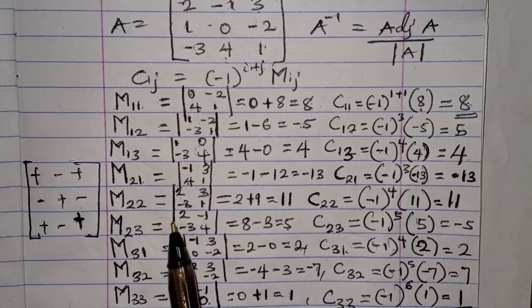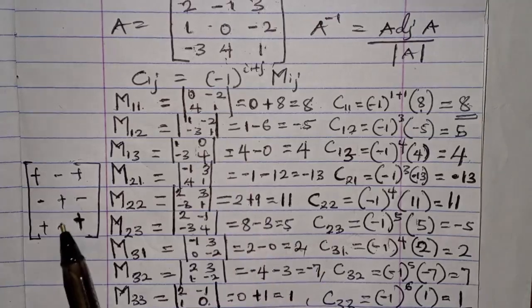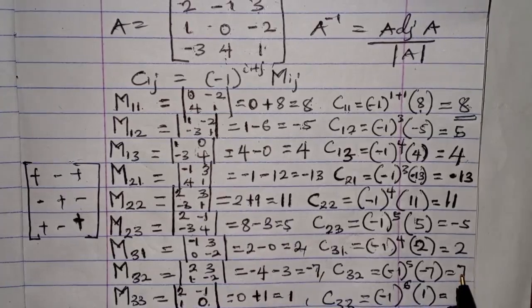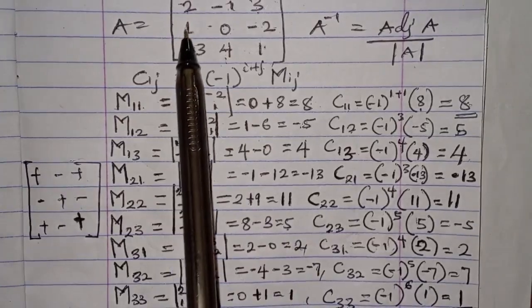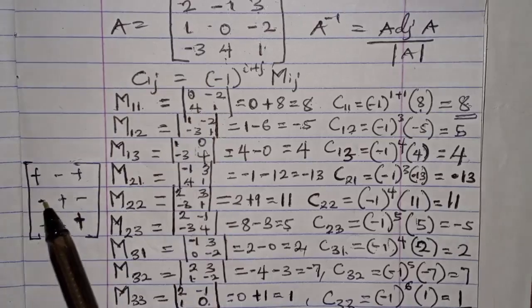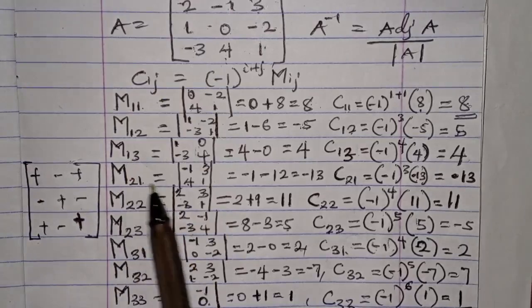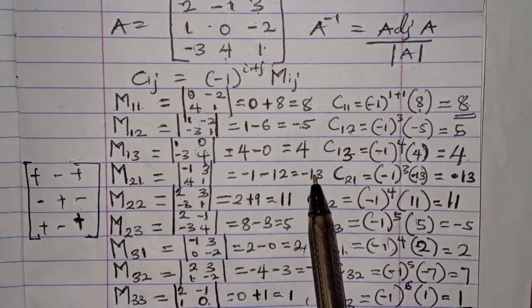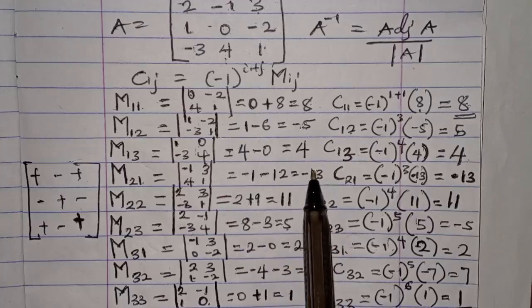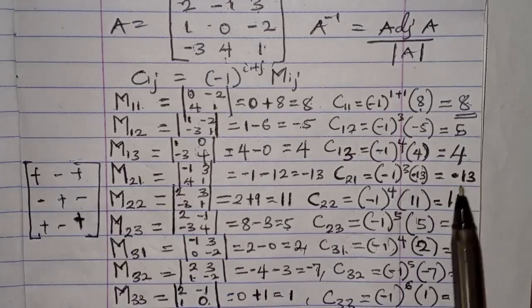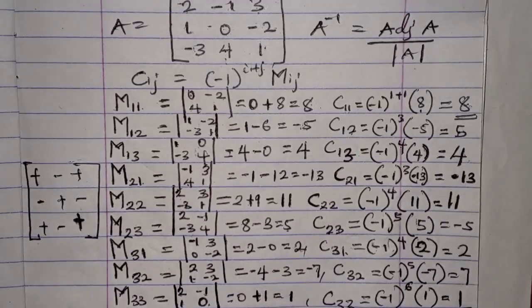If I multiply the place sign of 4, which is minus, by minus 7, I will get a positive 7. 1 here has a place sign of minus, and the minor of 1, which is M21, is minus 13. So if I multiply minus 13 by the place sign of 1, which is minus, I will get plus 13. So we can now go ahead to determine the cofactor matrix.